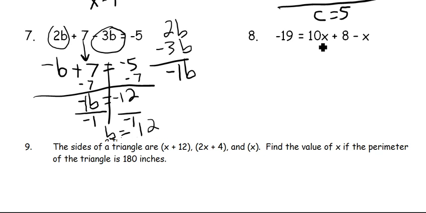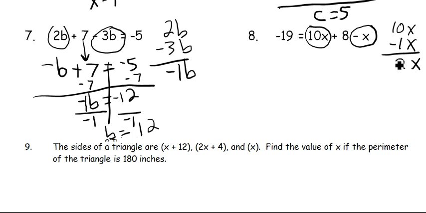All right, this is only different because the variable is on the right side, but we'll do it the same way. 10x and minus x. Remember, if you don't see a number, you can always just put in the 1. So 10x minus 1x gives us 9x.